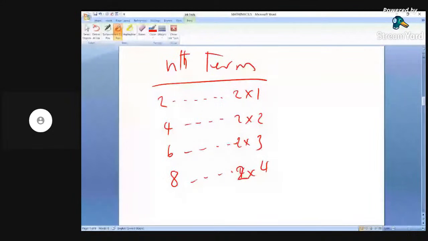So I can see here that 1, 2, 3, 4 are position values. Mind you, this is first, second, third, fourth, it goes like that.